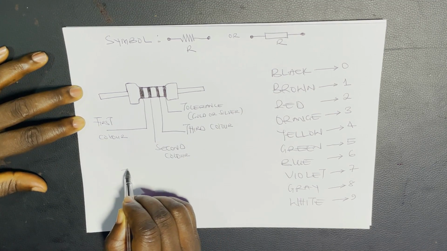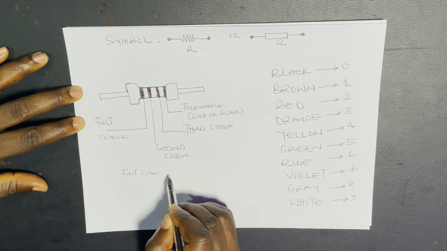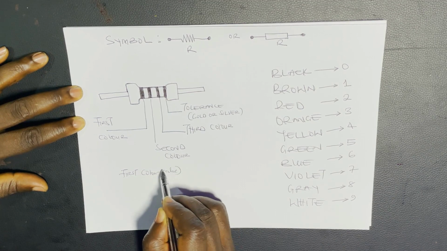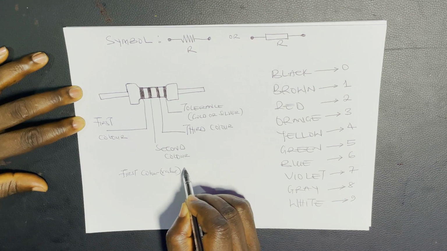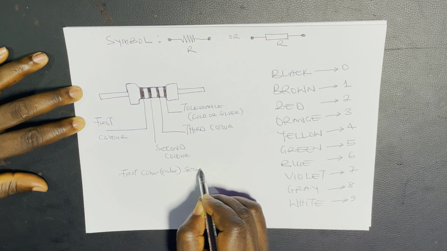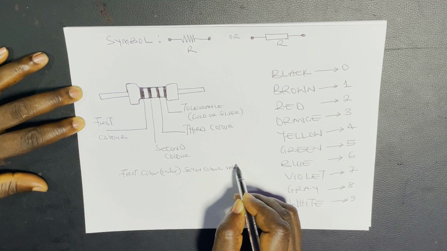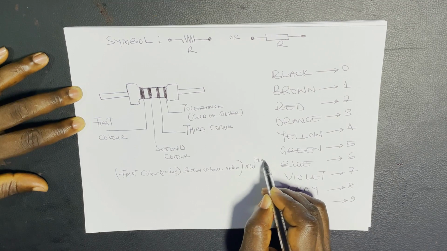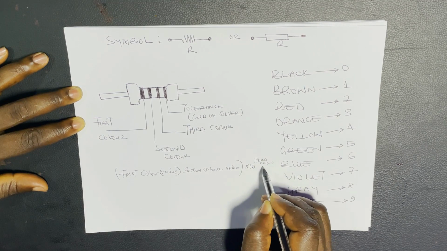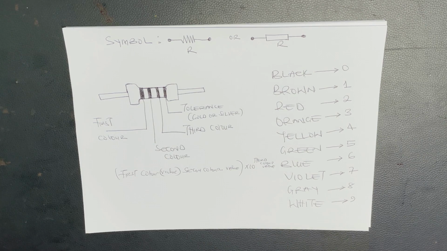You can write it like: the first color value, the second color value, times 10 raised to the power of the third color value. Let me briefly explain what I meant by that using an example.